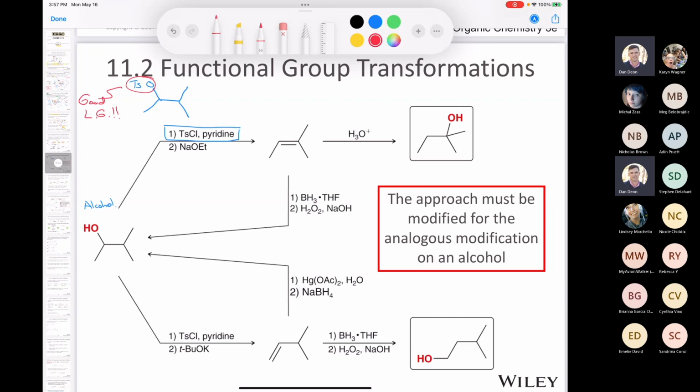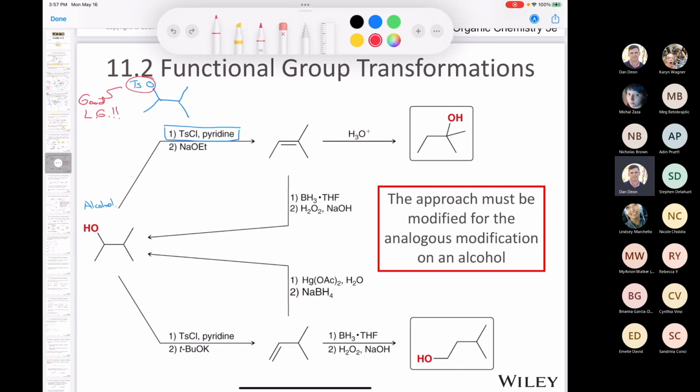What else? We can see the Markovnikov addition of water here. We can see anti-Markovnikov addition of water here. We see Markovnikov addition of water here to avoid a carbocation rearrangement. We see the formation of the Hofmann product here, and we see another anti-Markovnikov addition here.